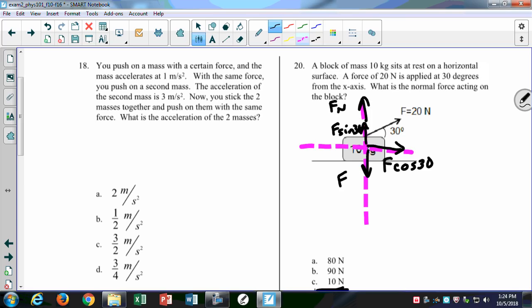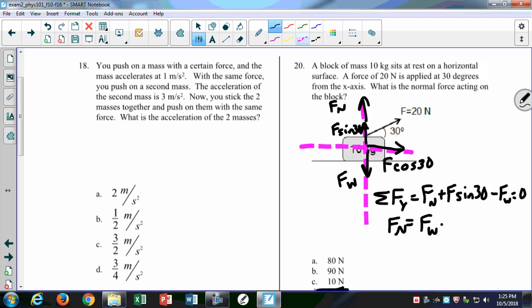Those are the forces acting. If I want the normal force, I look at the y-axis. The sum of the forces in the y-axis is Fn plus F sine 30 minus Fw. In the y-axis it's not accelerating, it's not moving, so that's equal to 0. So Fn is equal to Fw minus F sine 30.